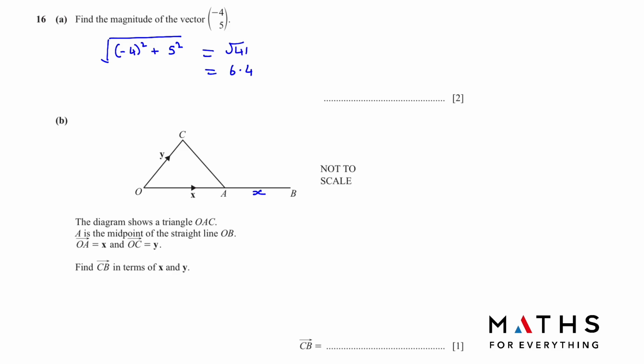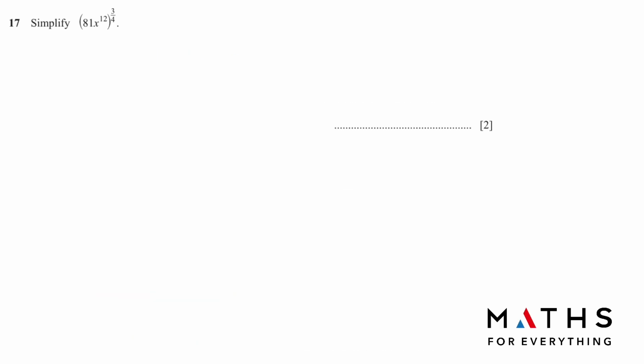If I want to find the vector CB, I can take the root CO plus OA plus AB. CO is negative y because we are going in the opposite direction, plus x plus x. X plus x is 2x minus y. That's the answer.